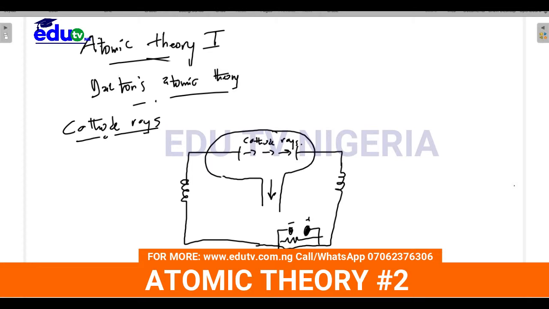This is the cathode, this is the anode. They move this way. The direction of their movement is this way.